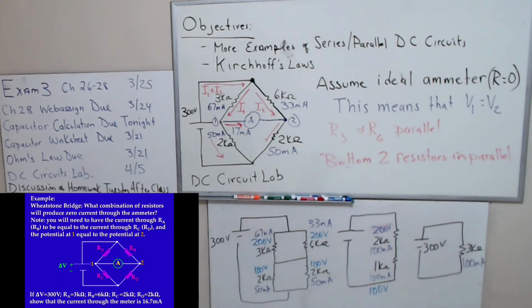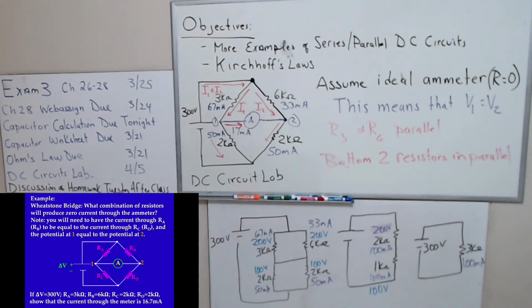Questions on this? I have a question. If the two resistors on the bottom, if the one on the left was 1 and the one on the right was 4, would you still get a choice for the direction?